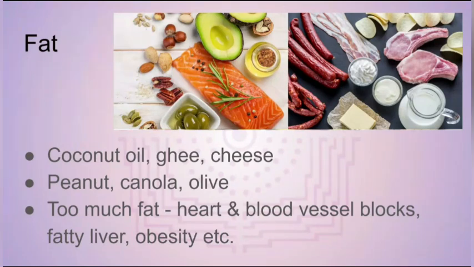So when it is let out into the bloodstream, the fat starts accumulating in the blood. Think of the blood vessel like a pipe, and the fat in one portion starts getting deposited in one place. It will constrict and shorten the size of the blood vessel. That is where you start getting heart blocks and blood vessel blocks, which lead to heart diseases.